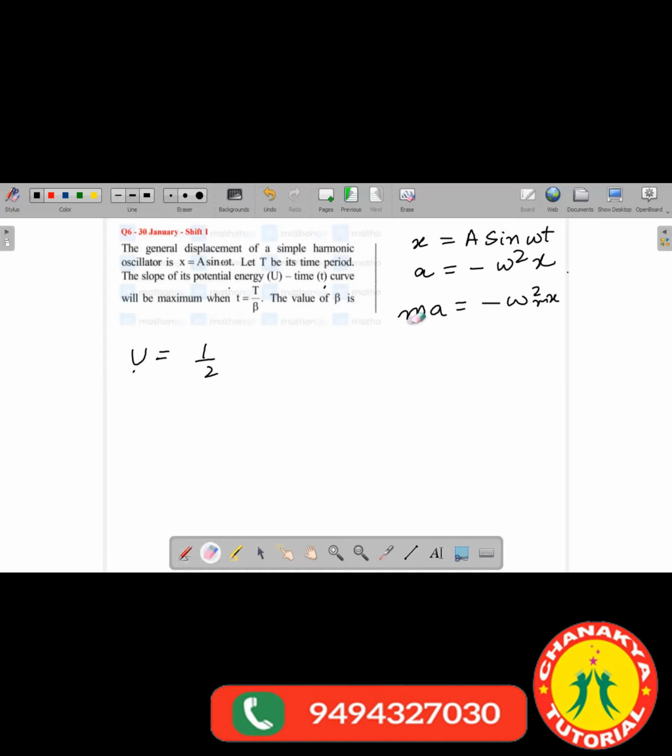So how do I get it now? x is what we have as a sine omega t. So from here, I can get only omega. How do I find out the value of k then?